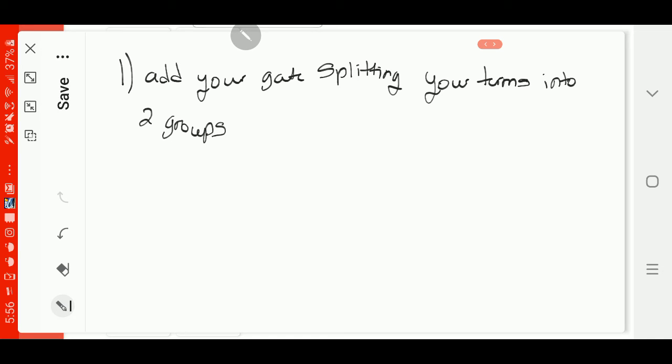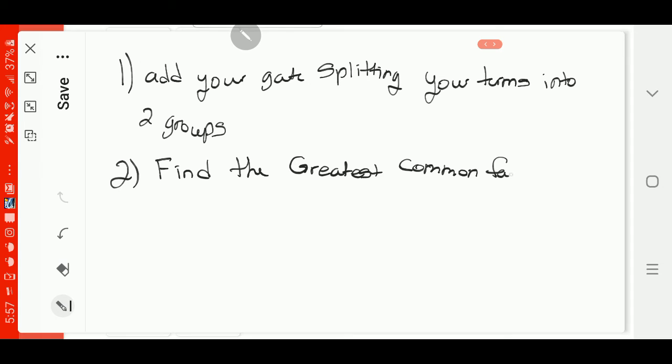So we're going to add our division bar, add our gate. Step 2, find the GCF. Define the greatest common factor for each group.